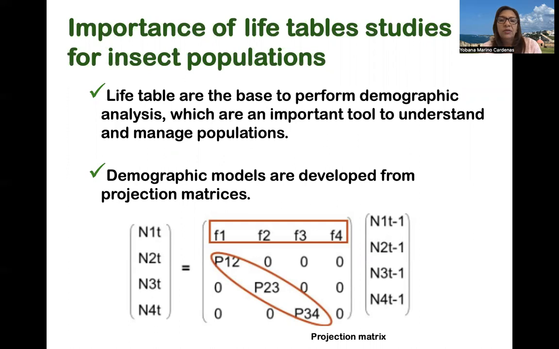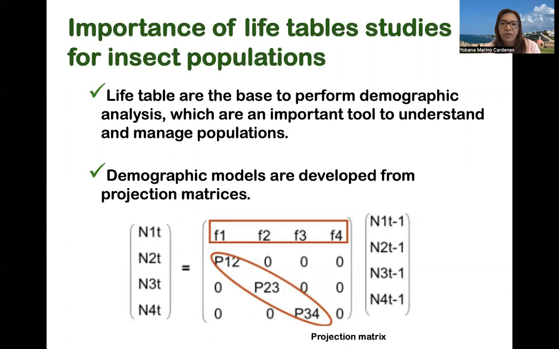Life tables are also the base to perform a demographic analysis. This type of analysis is an important tool that lets us know about the population biology and other different characteristics of the population.